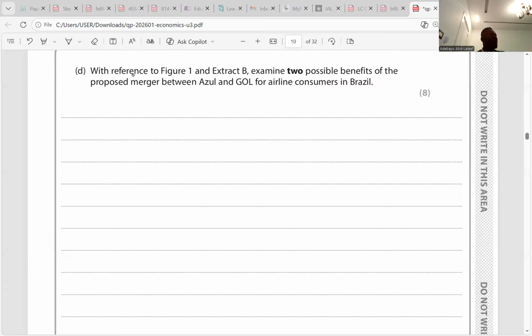But everything you talked about here is related to Azul and Gol, except for one, when you mentioned economies of scale, which talked about reduced price. And that's all. Aside from that, everything you talked about was all about Azul and Gol. So you are one-sided here. I'm going to give you 4 marks here. A lot of writing, but it is deviating from the context.